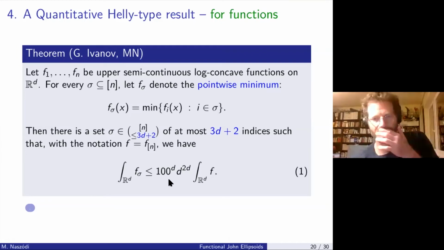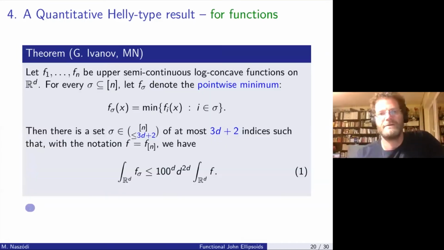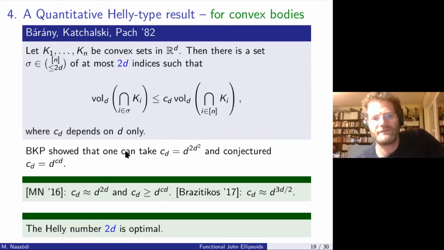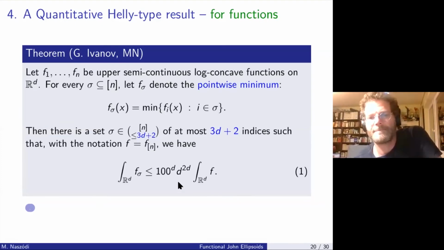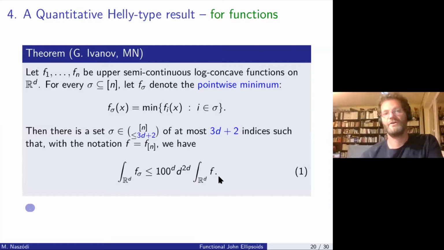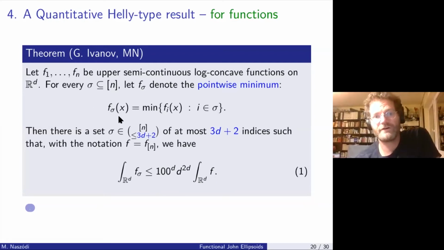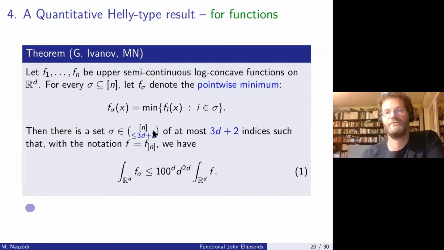I won't explain it now, but like here, this d to the constant d, it's as good as it can get. You can have the constant better, possibly 1/2 d is also true, but you cannot get constant to the d here. So it has to be d to the big O d. So this is a good constant times the integral of the pointwise minimum of all of them.